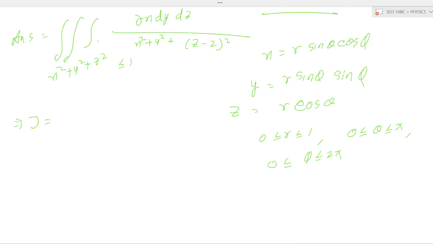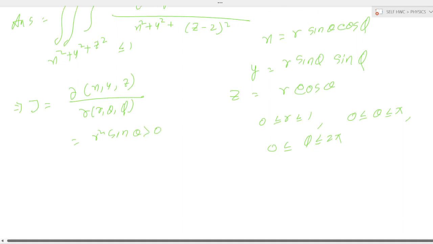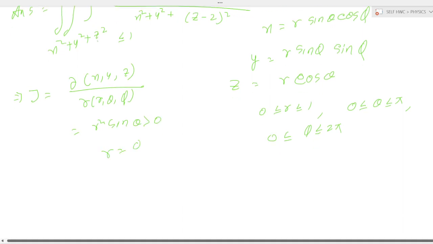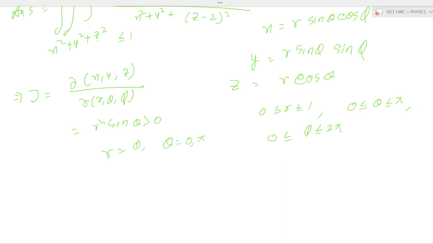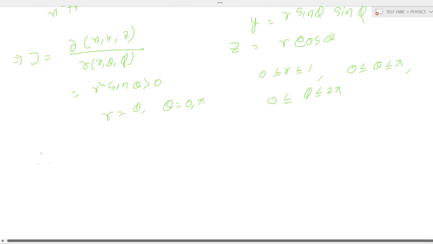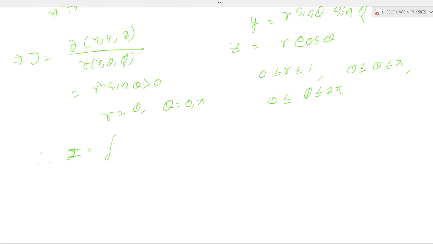Next, the Jacobian J = ∂(x,y,z)/∂(r,theta,phi) is equal to r² sin theta, which is greater than 0, with r from 0 to 1, theta from 0 to pi, and phi from 0 to 2 pi.